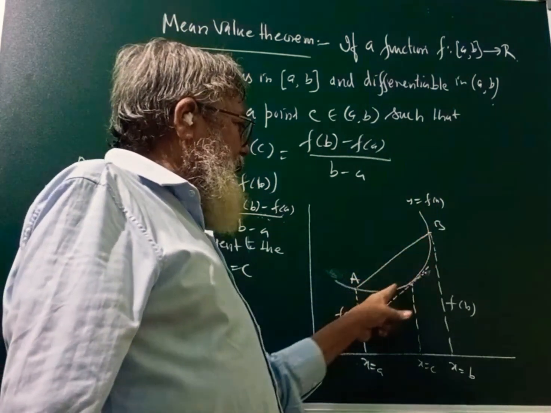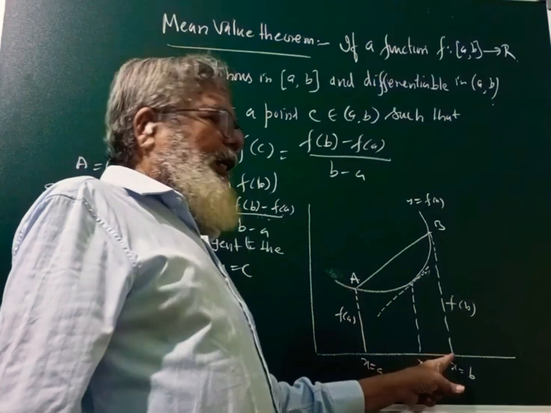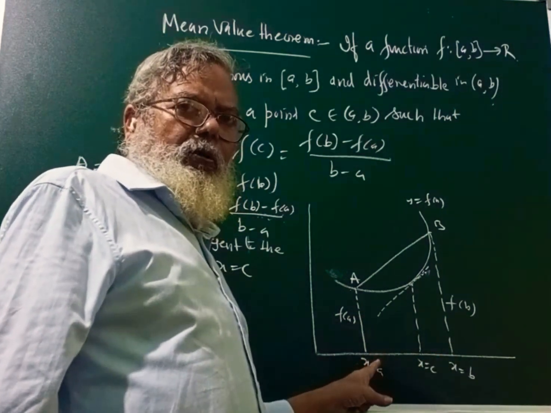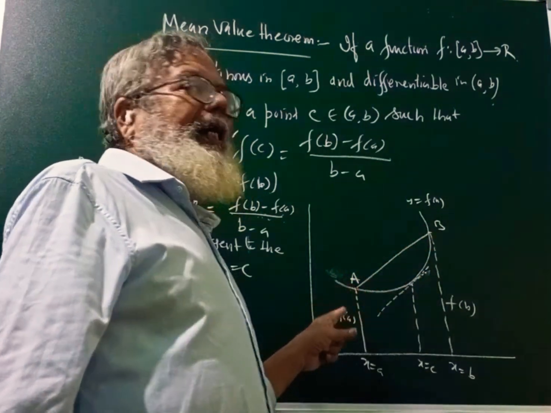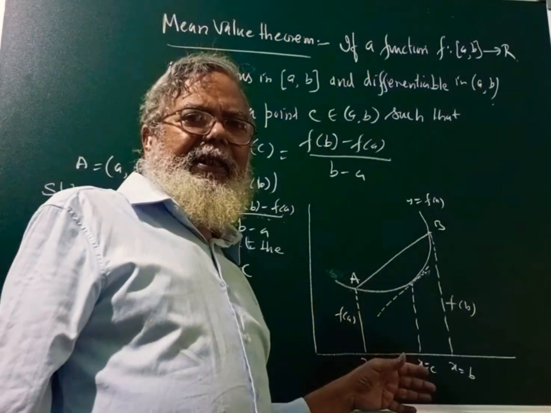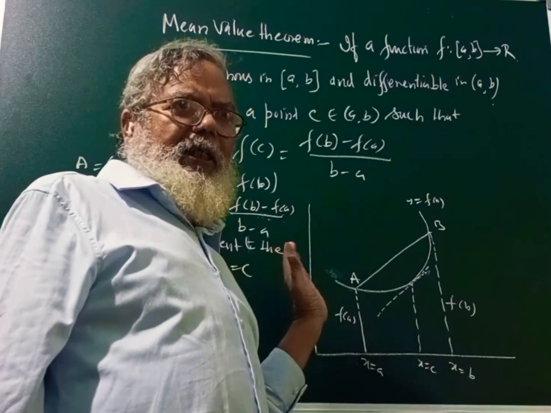It is a continuous curve in the interval AB, including the endpoints also. And moreover, at each point of the curve, we are able to draw only a single tangent. Therefore, it is differentiable.